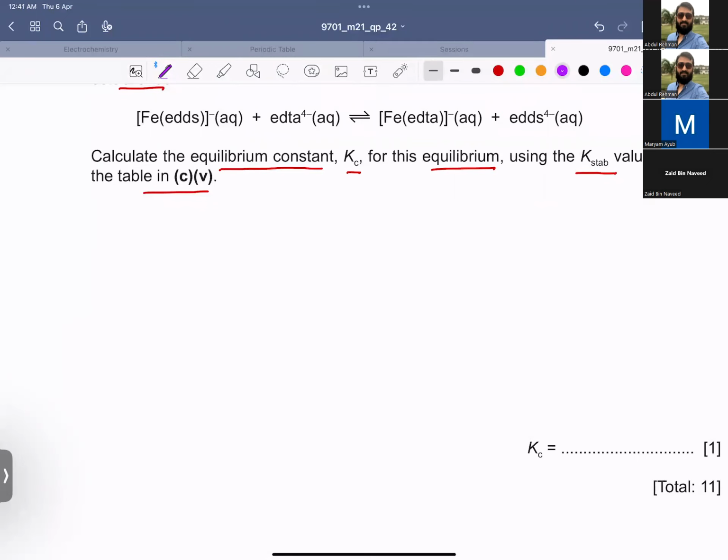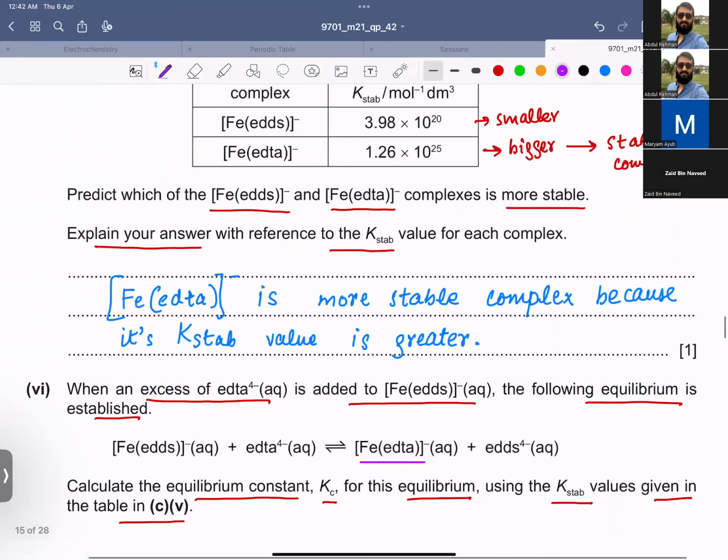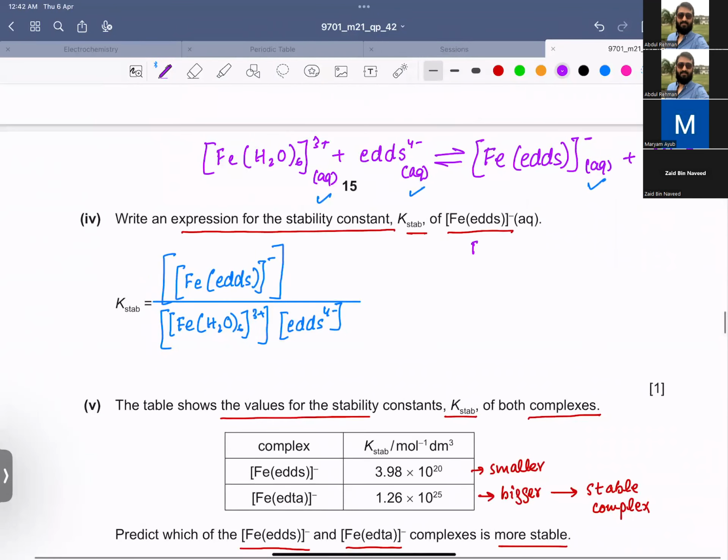For example, on the product side, if I'm getting FeEDTA, I'll do the same thing.